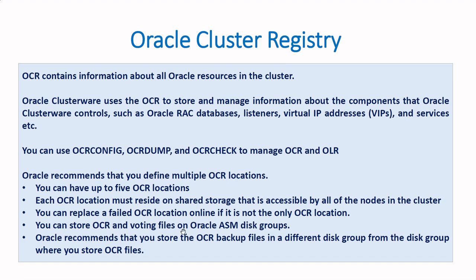You can also take a manual backup, but Oracle suggests that the backup of OCR should be on a different disk group from the disk group where you are storing the OCR file. There is no backup of voting files, there is only a backup of OCR. So these are the Oracle recommendations. So this is about Oracle Cluster Registry. The Oracle Cluster Registry is a shared location and it should be accessible by all the nodes.